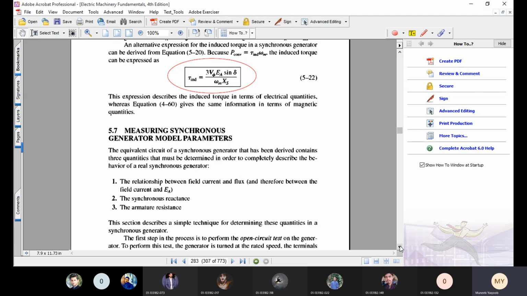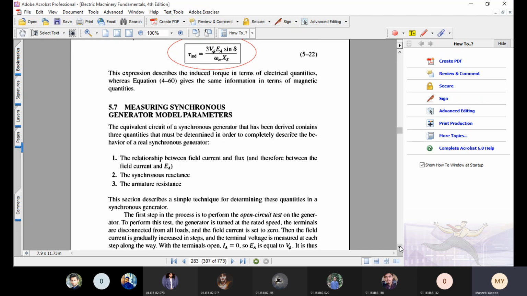And number three, the armature resistance RA. So these are the three parameters that we want to calculate. And if you recall, in transformers we made the equivalent model, then using the open circuit test and the short circuit test, we computed the parameters of that equivalent model.